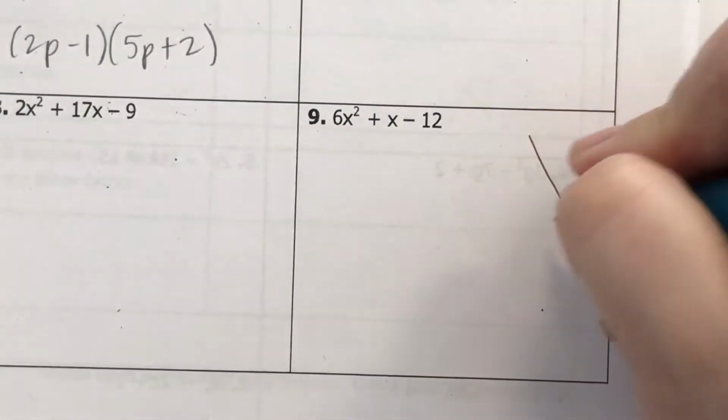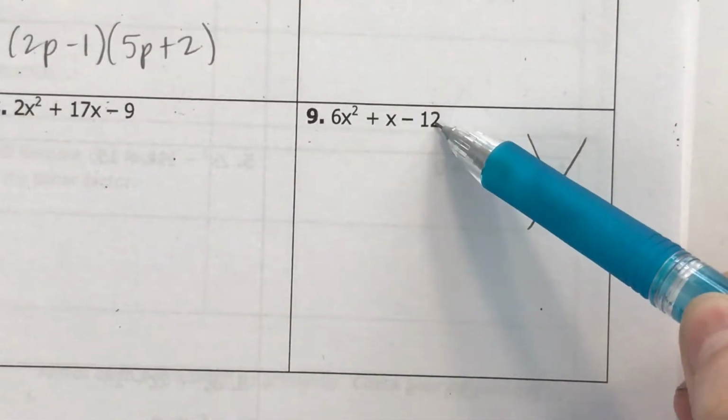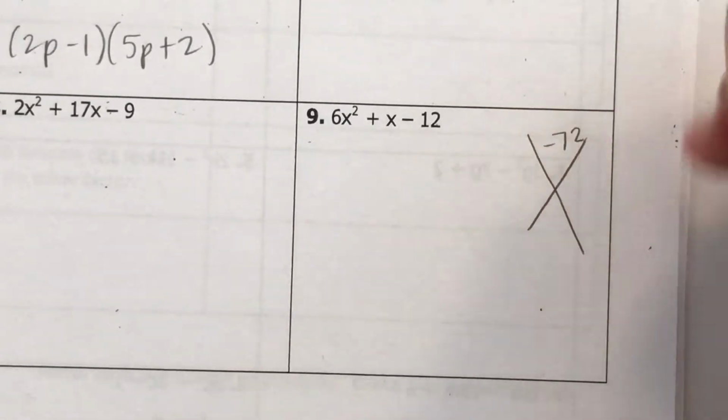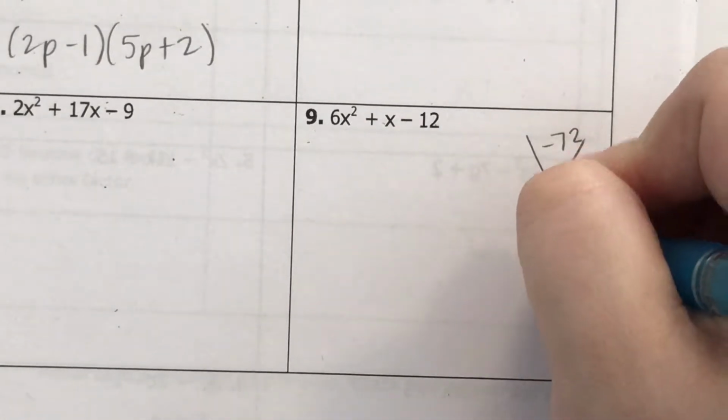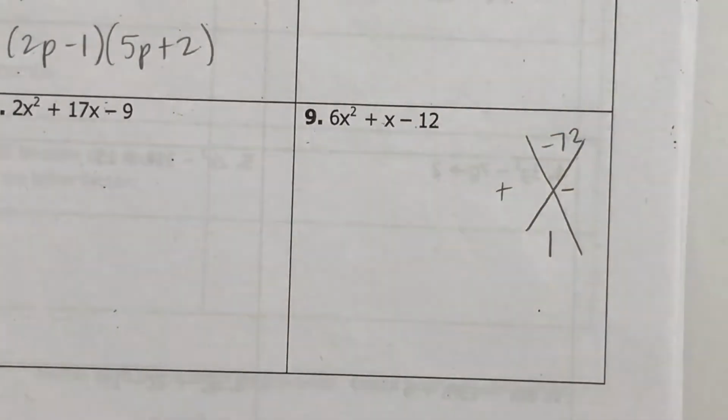So we are dealing with some big numbers here. 6 times 12 is 72, but it's negative, so -72, adding to +1. Since this is negative, I'm going to have a positive and a negative. So let's think.